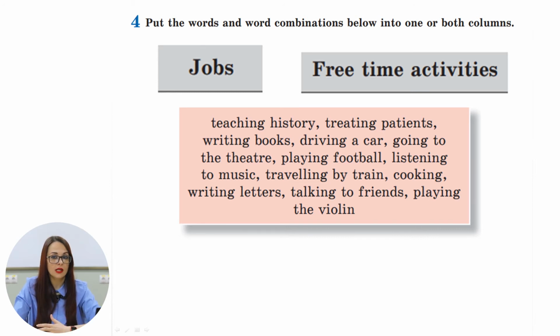You have jobs and free time activities: teaching history, treating patients, writing books, driving a car, going to the theater, playing football, listening to music, traveling by train, cooking, writing letters, talking to friends, playing the violin. Now, I have made my own choices, and this is what I think.